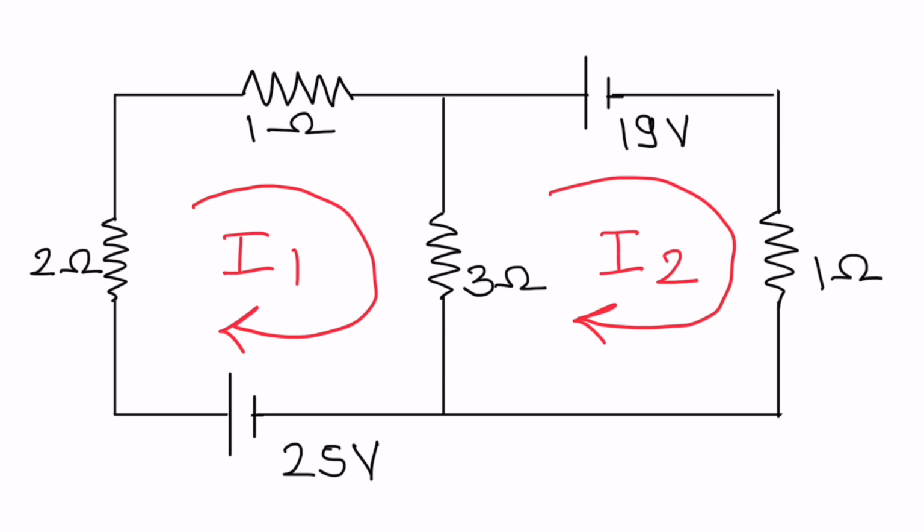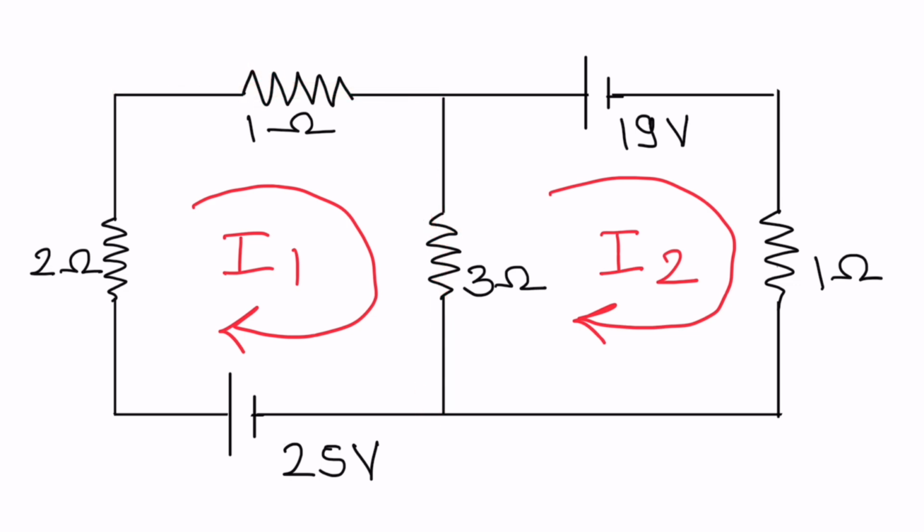Let us start writing down the equation for loop number 1. For this, minus 1 into I1. But when you come to this particular point, this 3 ohm component has two currents, I1 and I2. So now how to write down the equation?